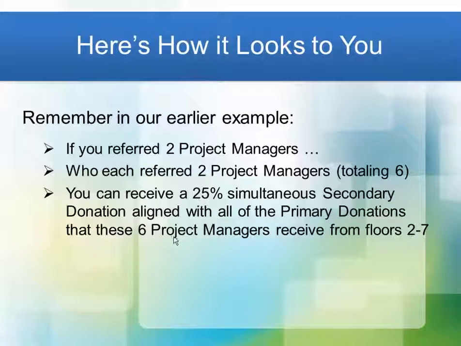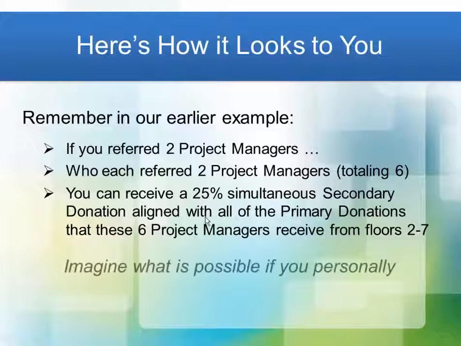So when all 6 of these project managers receive the donations that you saw in that whole chart that we just showed, all those stepping ups, you can get a simultaneous donation towards your project of 25%. It's extremely powerful on all 6 of these project managers. So it pays out through 2 generations.